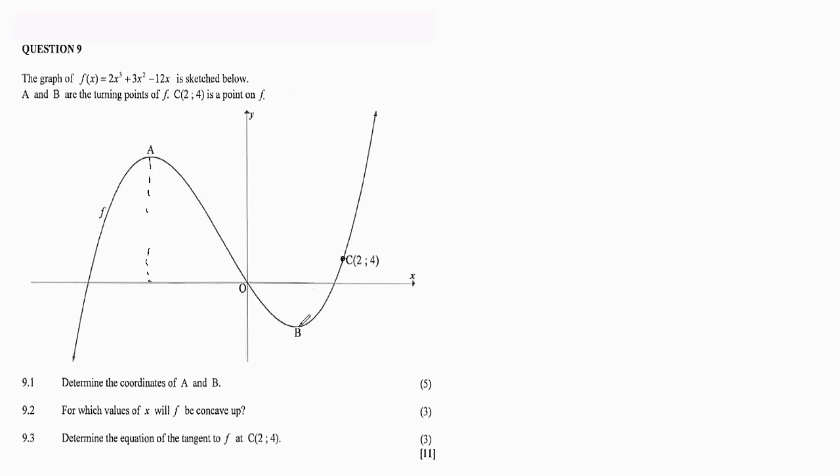From our previous video, we've discussed that in order to calculate the coordinates of the stationary point, we must first start by deriving to the first derivative. Then this is 6x² + 6x − 12. But we know that the gradient at the stationary point is equal to 0.